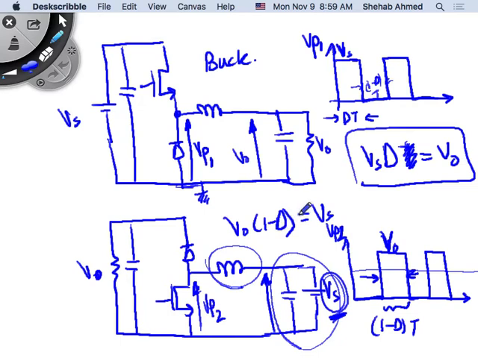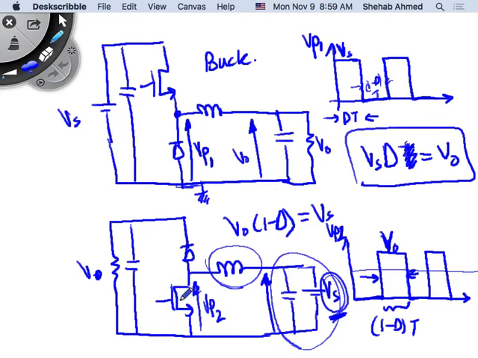Again, D is 0 or 1. The minimum value is going to be Vs, and it makes sense. The minimum value is equal to Vs when D is 0. D is 0 means this switch is open.